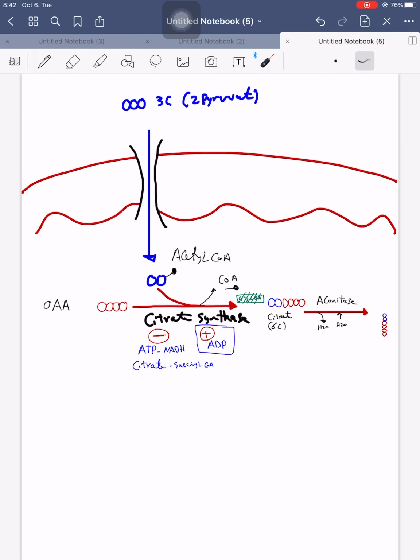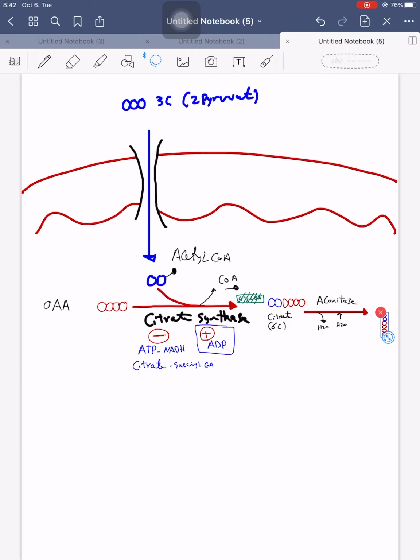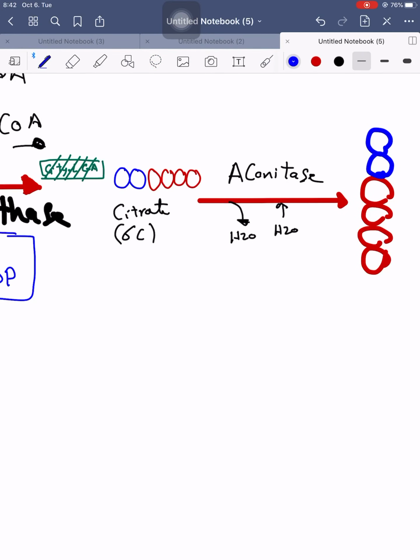So the number of carbon is still the same, but we only change the distribution of the atoms within the molecule. Okay, this 6 carbon one is called isocitrate. So here we're talking about isocitrate, and it is a 6 carbon molecule.